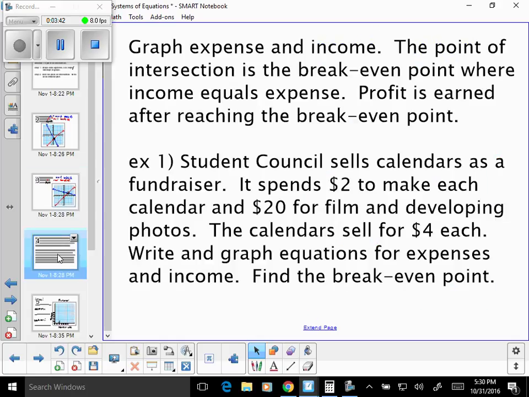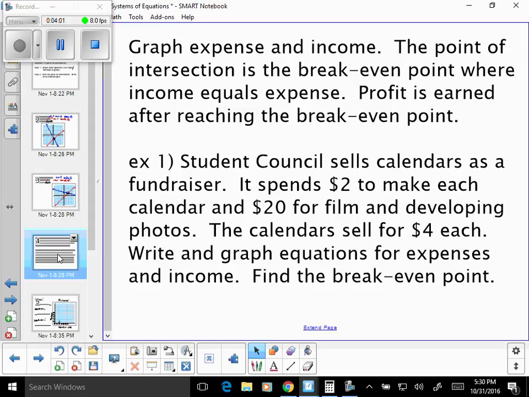Okay, now, how do we use this? Businesses use this all the time in graphing expenses and incomes and figuring out where their break-even point is. A break-even point is where your income equals your expenses. You are not going to make any profits until you get over that break-even point.